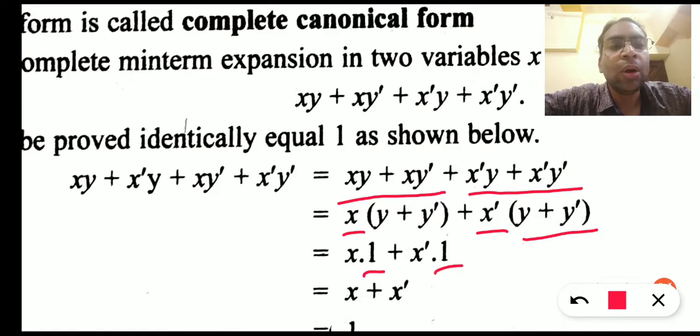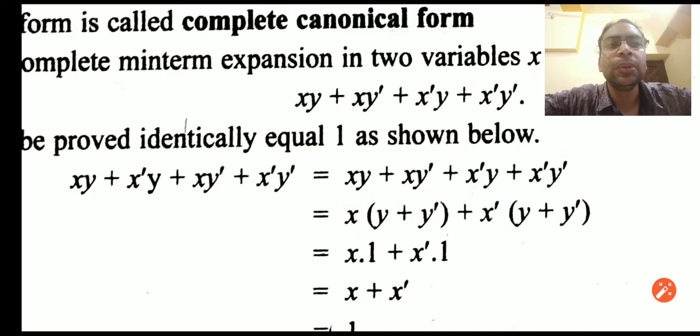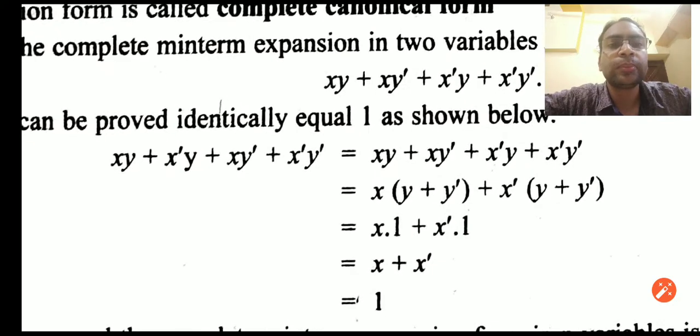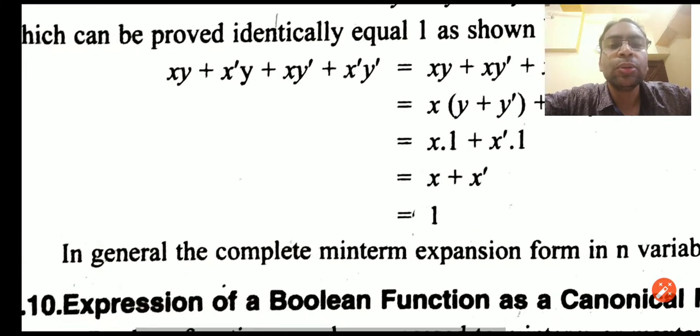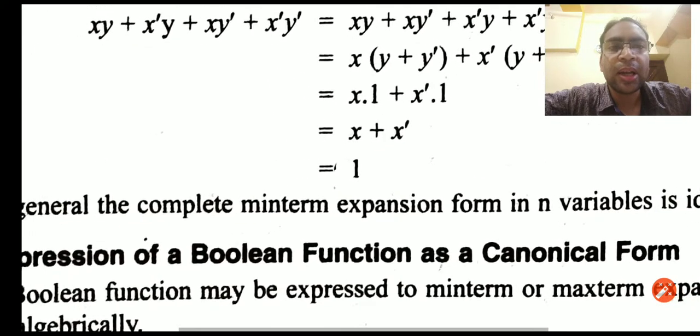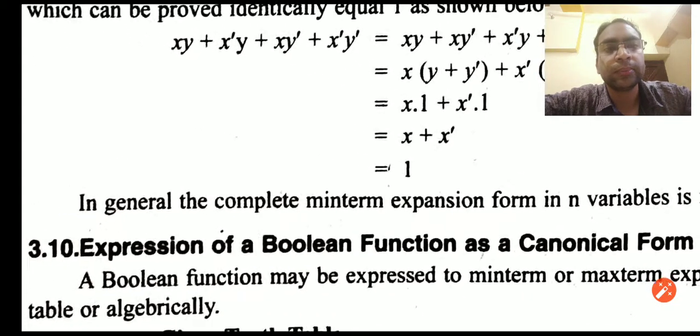Then by the law of identity, x dot 1 will be x, and x bar dot 1 will be x bar. And finally, again by the law of complement, x plus x bar is 1. So this is the reduced expression. We can reduce any such expression to the minimum form. That is called reduction or simplification.